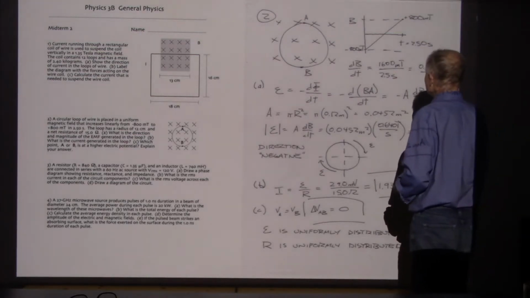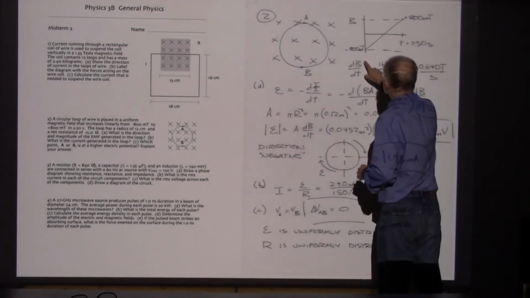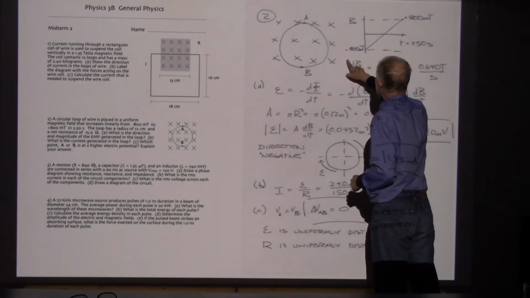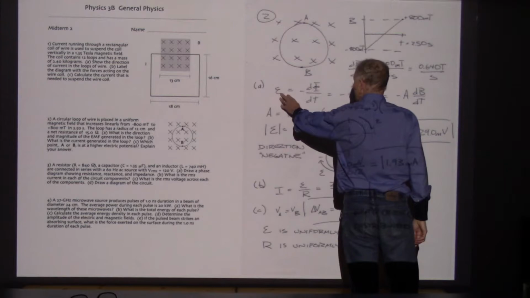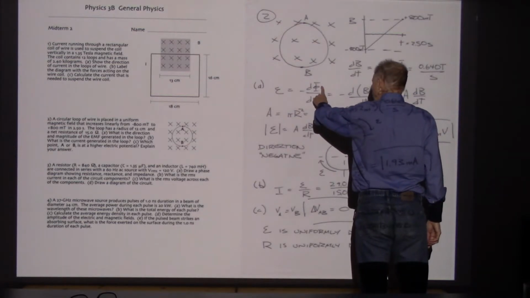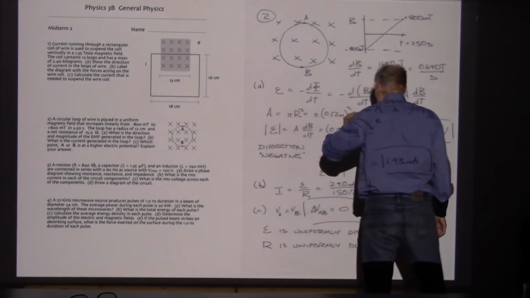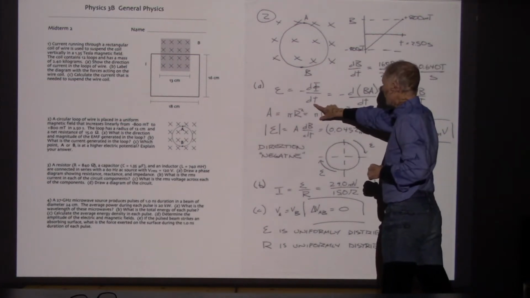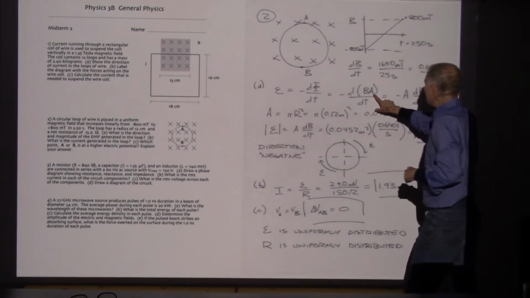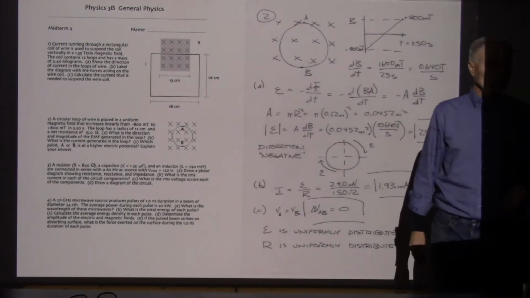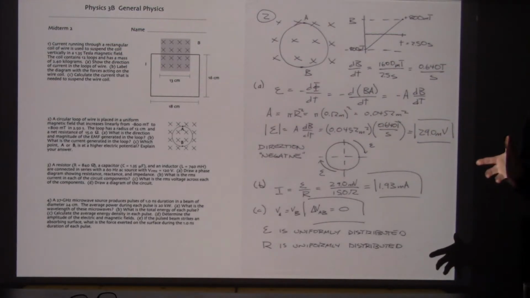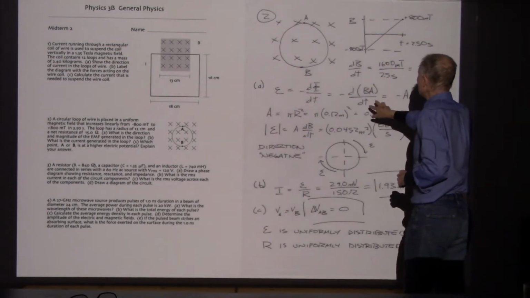So I'm going to start off by saying this. Faraday's law tells us that we keep track not of the flux itself, but of the time derivative of the flux. I'm going to write the flux as B times A. It's a uniform magnetic field, and there's a certain area contained within the loop we've drawn.